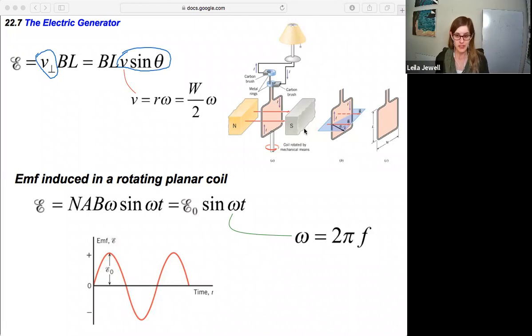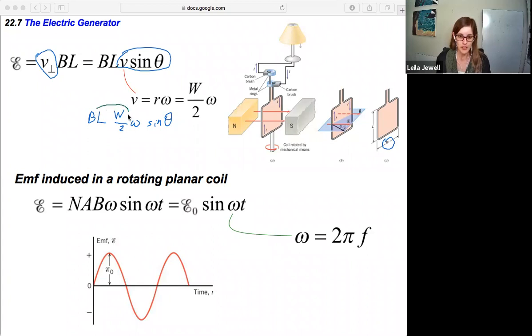And that radius, if we're dealing with a rectangular coil as shown here, is just half of the width, so the width divided by 2. So if we plug that in, we would now have B times L times W divided by 2 times omega, (that's a curvy w, sorry, those are so similar) times sine of theta.